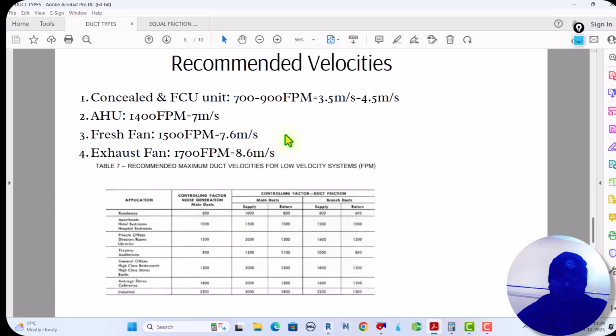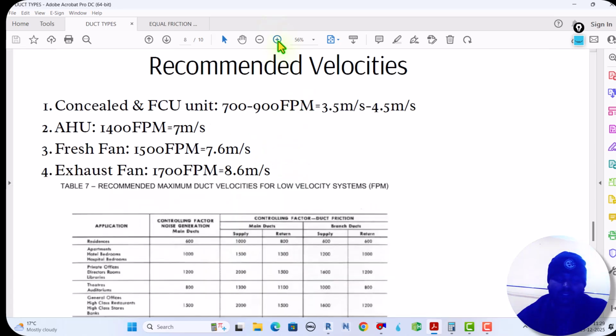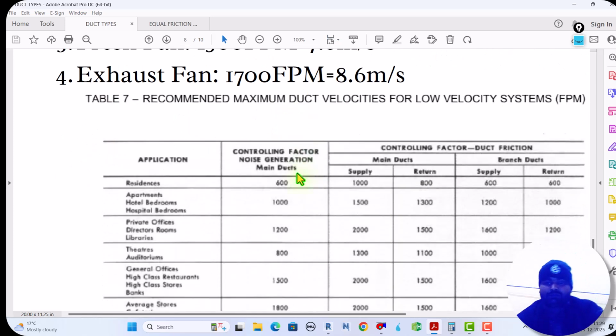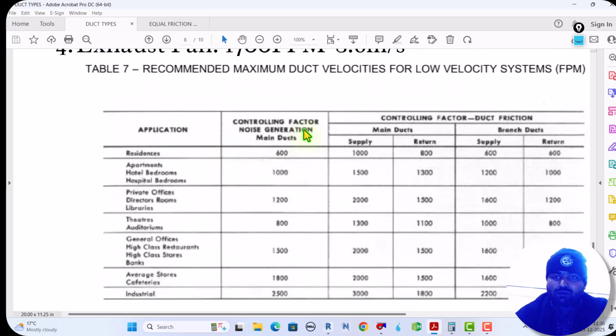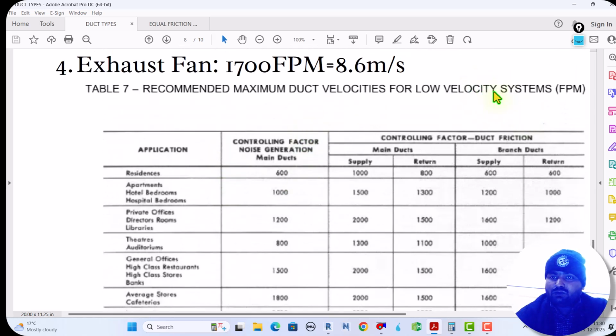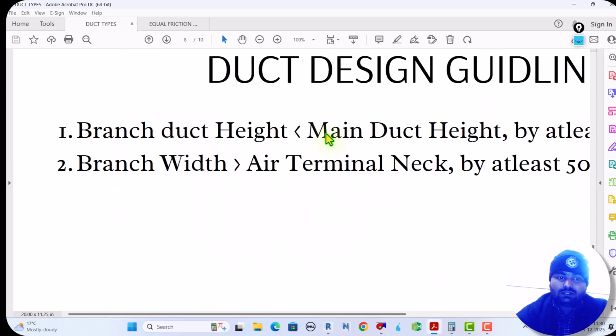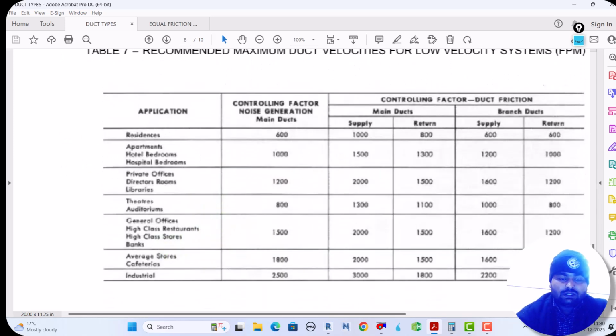this is the Carrier recommended velocity for low velocity systems.